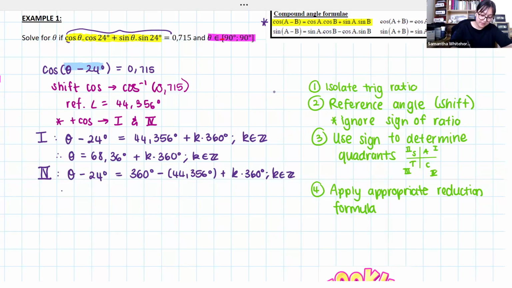All right. Now we go and solve. Obviously, if you can do the 360 minus and the inverse operations all at the same time, by all means, go for it. So it would be 360 minus the 44,356, then plus 24 degrees, which gives you 339,644 degrees plus k times 360.